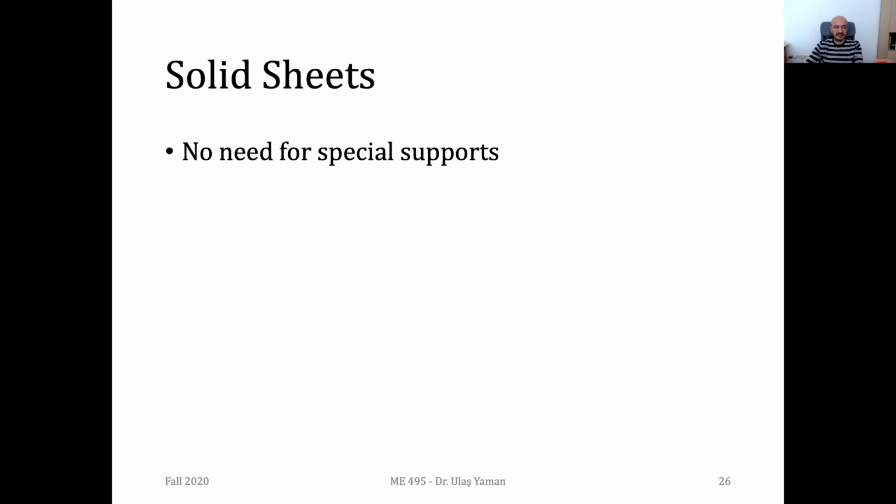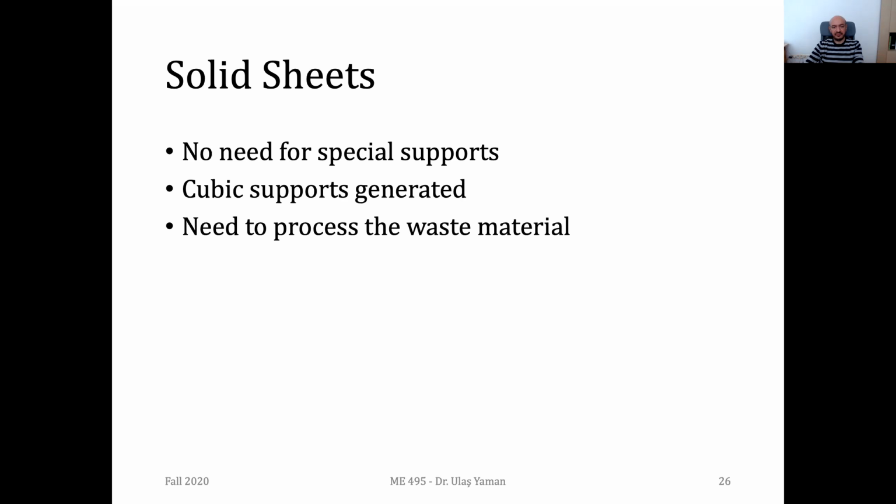You don't need to spend time on selecting the regions where you need to have support or selecting the type of support structure. This is not valid for laminated object manufacturing. And we can easily recycle these automatically generated support structures. We will discuss them. So it's more sustainable than the other ones.